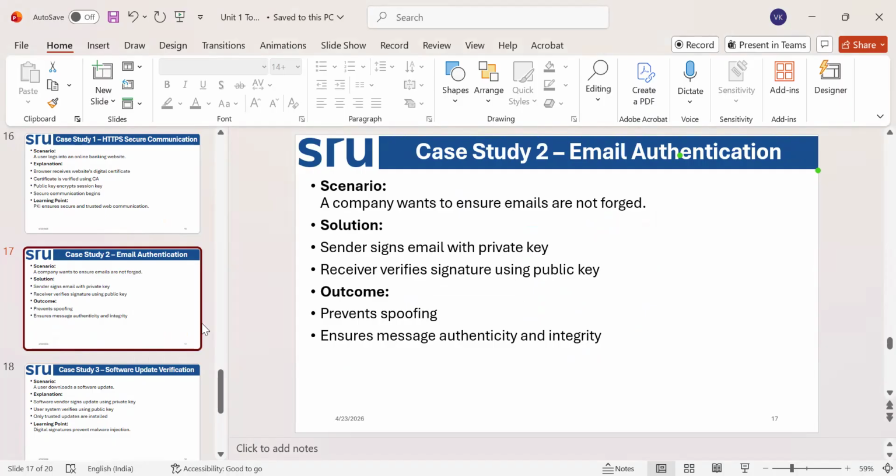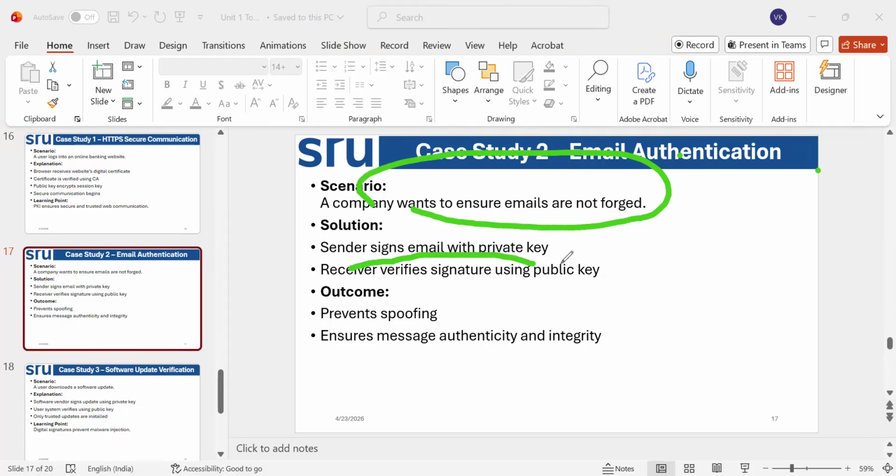Now case study two. This case study is about email authentication. A company wants to ensure emails are not forged. Senders sign emails with a private key, and receivers verify the signature using the public key.